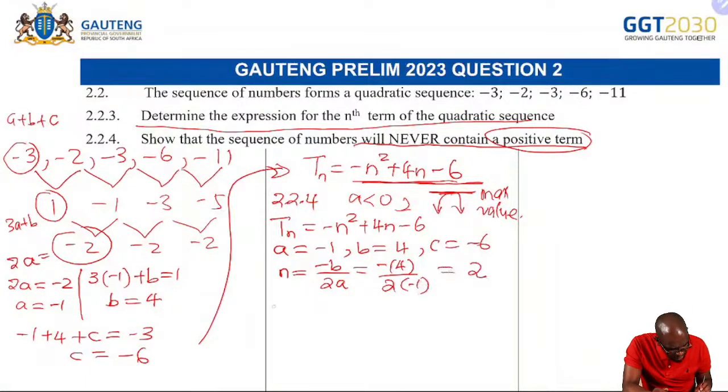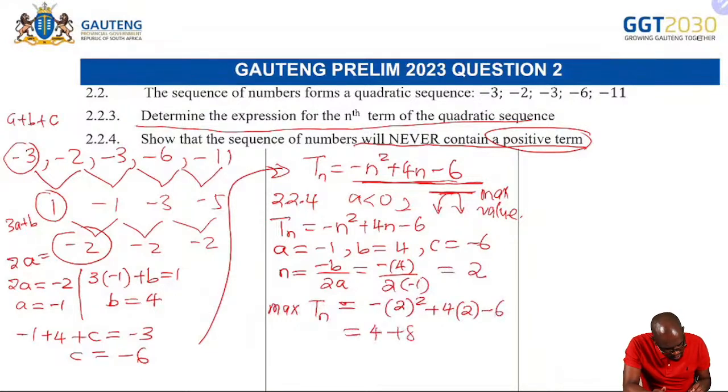So if you go back and substitute, you can find max Tn by back substituting. It would be negative 2 squared plus 4 into 2 minus 6. So you get negative 4 plus 8 minus 6, which gives you negative 2.